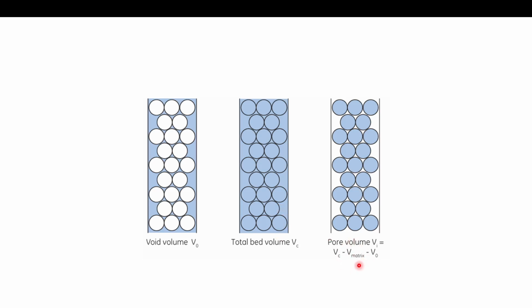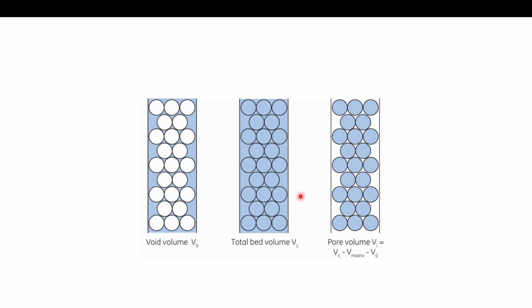Actually, V matrix here, if we really get into the nuances, the pores are made up of the matrix, right? So it has some amount of thickness or occupancy in the whole resin.